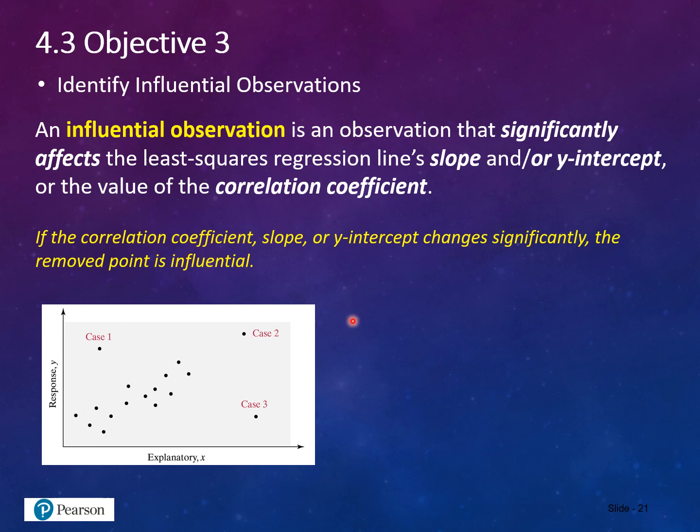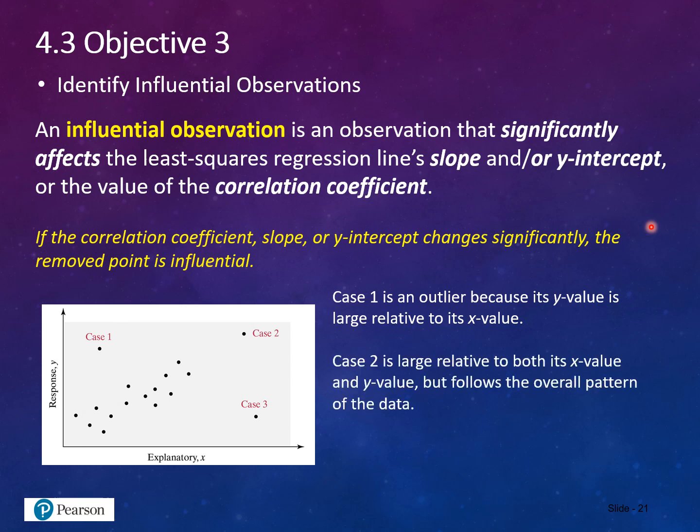Here we see a diagram of the scatter plot of the explanatory variable and the response variable. Case 1 is an outlier because its y value is large relative to its x value, and it's not within the pattern that we see.